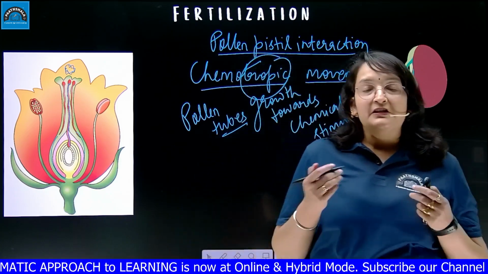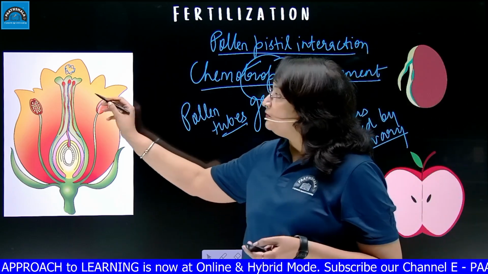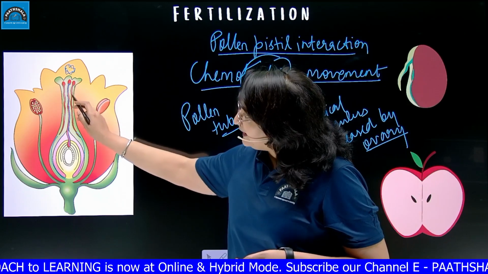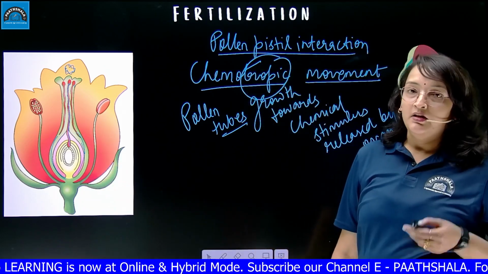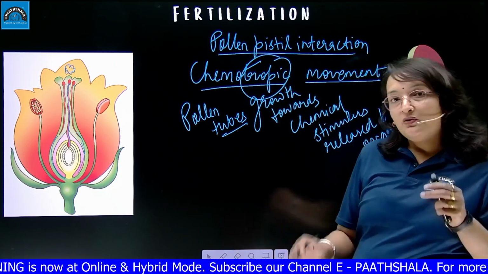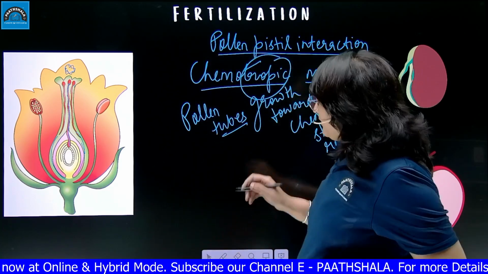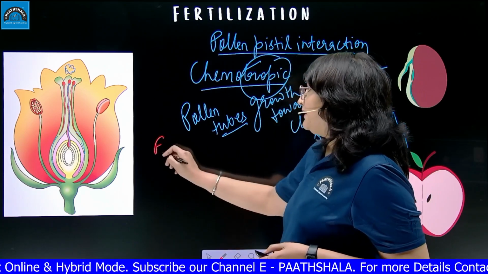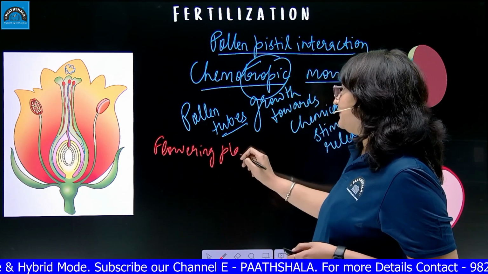When the pollen grains receive that stimulus, they germinate and form the pollen tube, and the pollen tube from the stigma, covering the style region, reaches the ovary. Once it reaches the ovary, fertilization will take place. And who gives the direction during that process? The synergids.